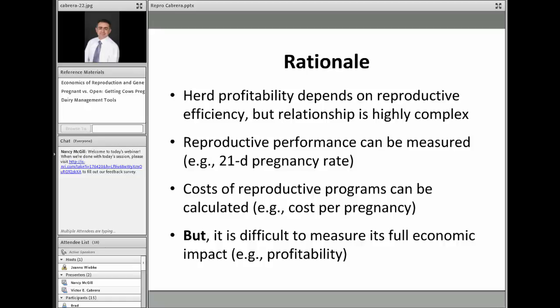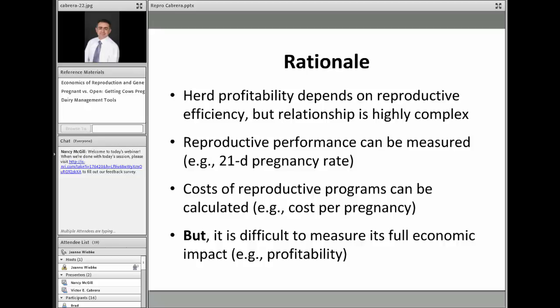On the other side, the cost of reproductive programs, including synchronization, if the farm is doing synchronization, the cost of hormones, or if the farm is doing purely estrus detection, for example, the cost of labor of detecting cows, as well as the cost of the breeding and everything else within the reproductive program, can be calculated, can be estimated, and we can find out, for example, the cost per pregnancy, and many people, I think, use that as a metric as well.